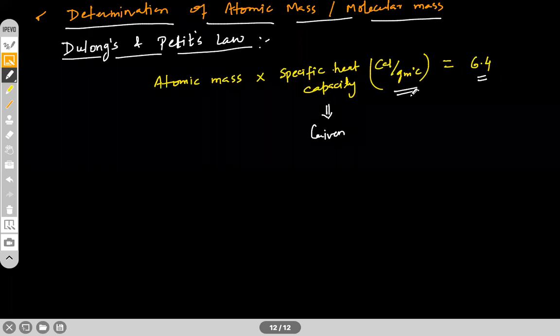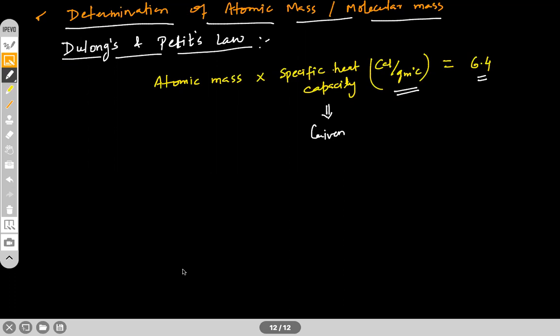See, specific heat capacity is the amount of heat required to raise the temperature of a substance. We'll get in gram only. You see, it is gram. Atomic mass will get in gram only. Right.